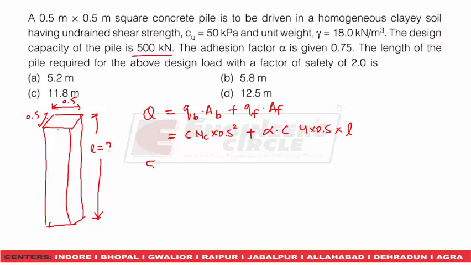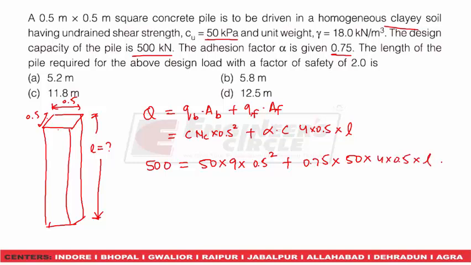So this is 500 equal to C is 50 and we know that for clay soil Nc is 9. So it is 0.5 square plus alpha given to us 0.75, C 50 and this is 4 into 0.5 into L. So solving this we will get L equal to 500 minus 50 into 9 into 0.5 square divided by 0.75 into 50 into 4 into 0.5.